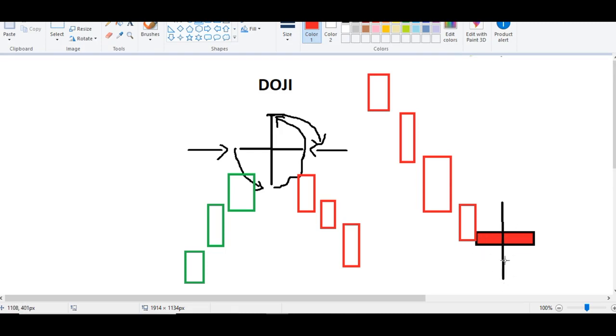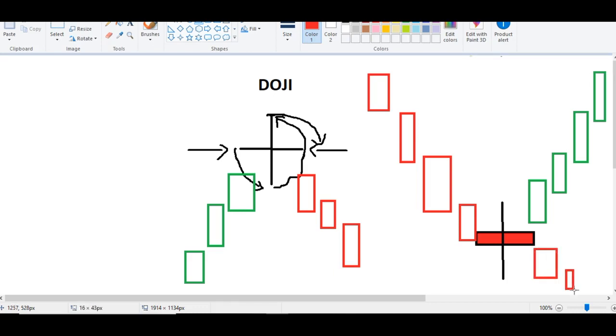Because there's a tug of war going on between the bulls and the bears. One or the other is going to come out as a winner. So now if you get a big green candle after, that is saying bulls have control now and they may reverse the price. Now the other way might also happen. Let's say that the bears come out as winners, like this, and so the trend will continue.